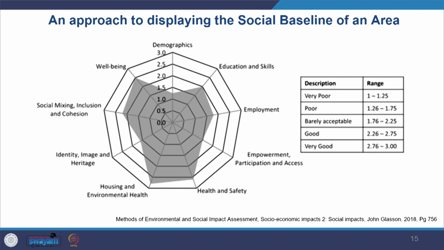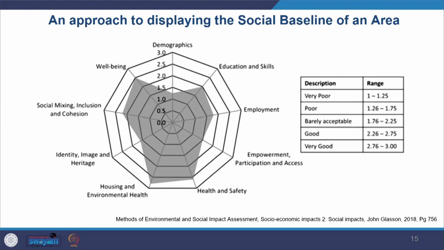In this figure, from one of the cases, you can see how they are providing the social baseline information for the particular area and aligning it with the national standards, with performance ranging from very poor to very good. You can see how the profile of the people has been created.